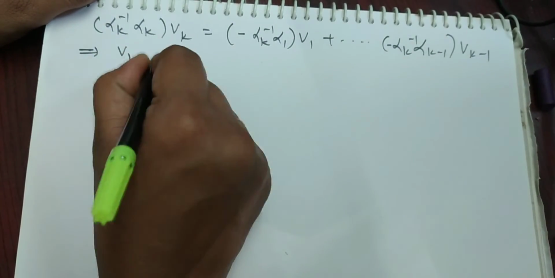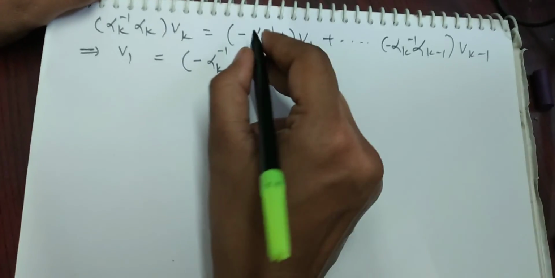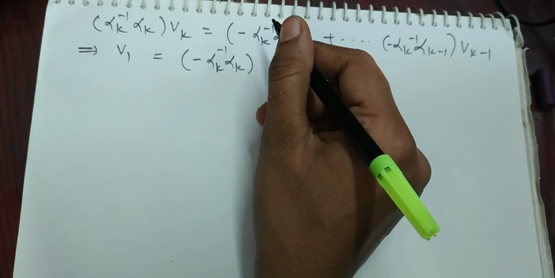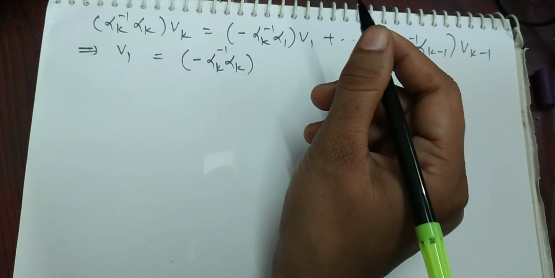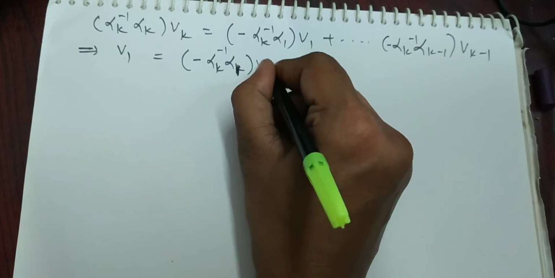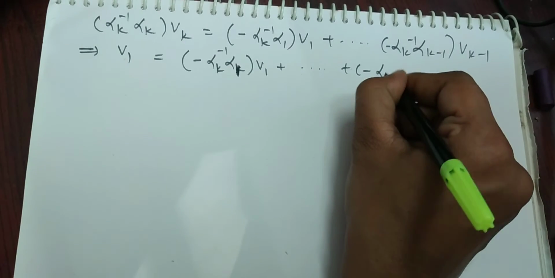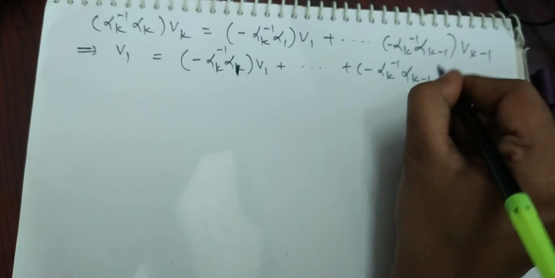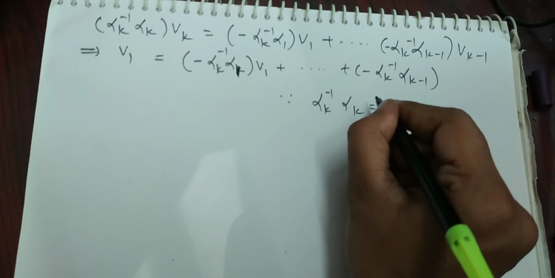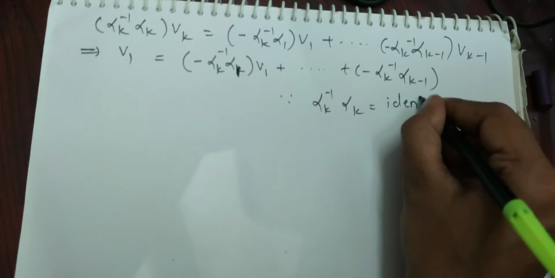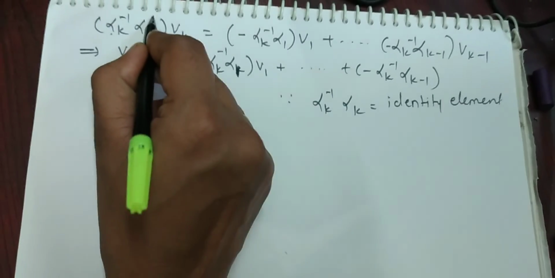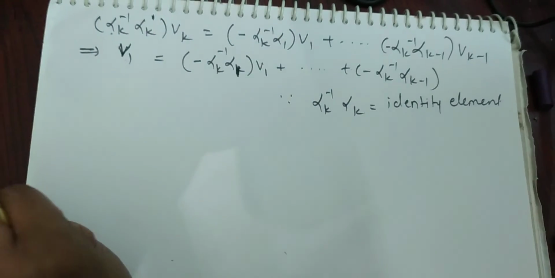Take scalars in one bracket and write the vectors outside of that bracket. Since alpha k inverse alpha k is equal to the identity element, here only the term vk remains.